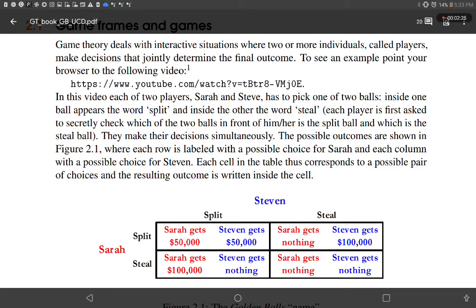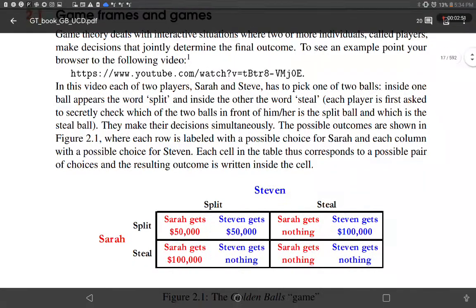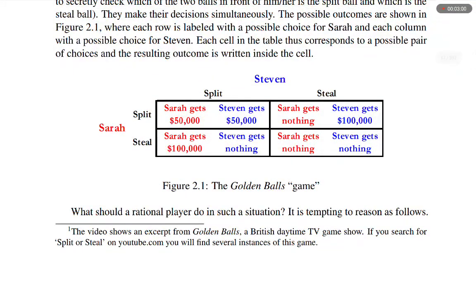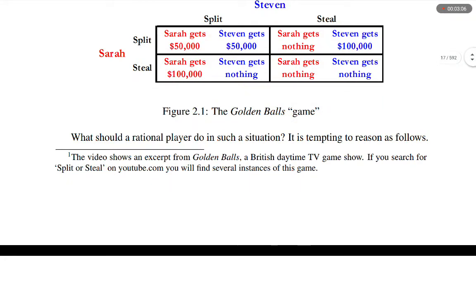In the bottom left quadrant, Sarah has steal and Stephen has split, and in this situation, Sarah gets $100,000, Stephen gets nothing. And in the bottom right of the grid, Sarah steals on the horizontal axis and Stephen steals on the vertical axis. Sarah gets nothing and Stephen gets nothing. It's called Figure 2.1, the Golden Balls game.